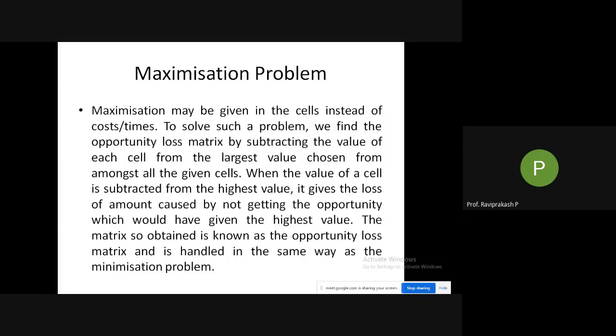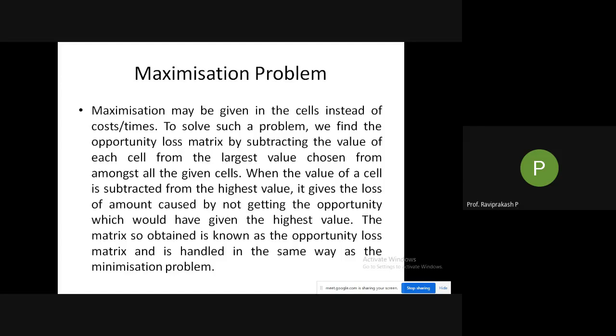So first we need to convert the maximization matrix to the minimization matrix by finding the largest value in that matrix, then subtracting the other values from this largest value. This becomes the minimization matrix, also called the opportunity loss matrix.